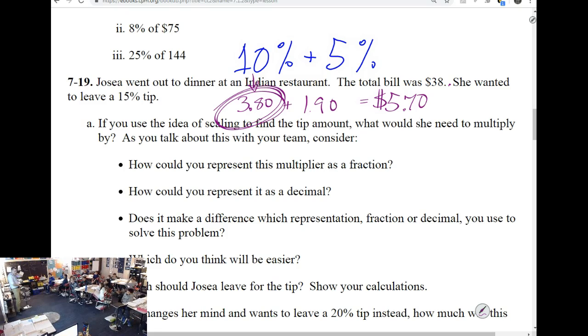Now, the other thing I could do from 380 to get to my 5% is I could find 1% is 0.38, which looks weird, and then multiply it by 5. In this case, I don't think that's as easy. Depending on the numbers, sometimes that's just as easy. Like if this was 40 cents, well, 4 times 5, that's easy. So it all depends on what the problem is.